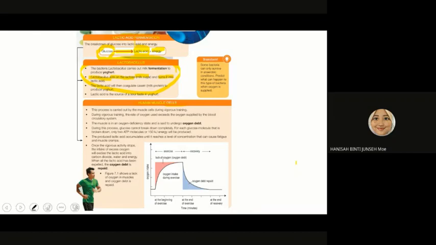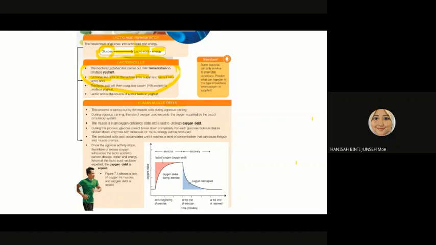Dia macam tidak cair, dia semi-liquid, separuh cecair. Okay, to produce yogurt. If you know the texture of yogurt, that is semi-fluid.